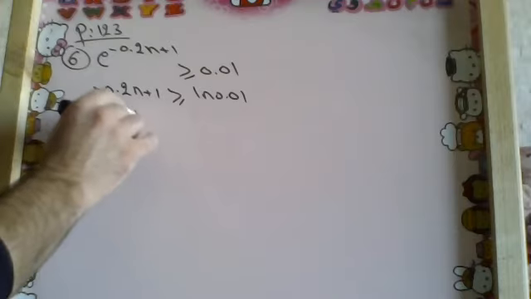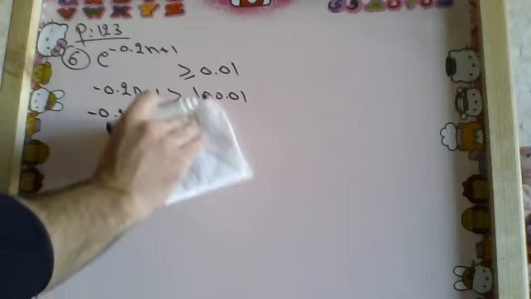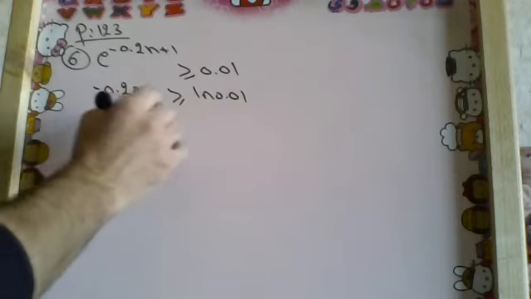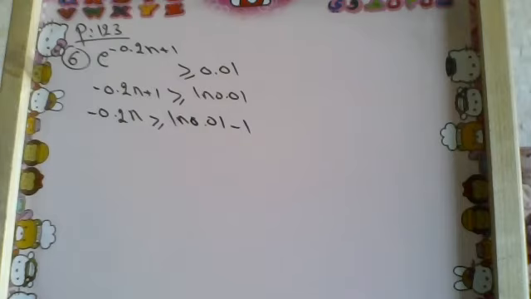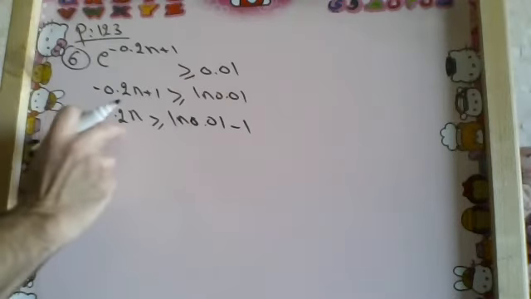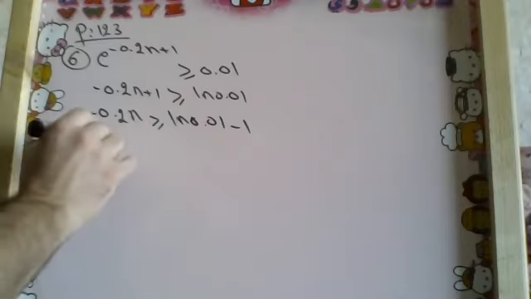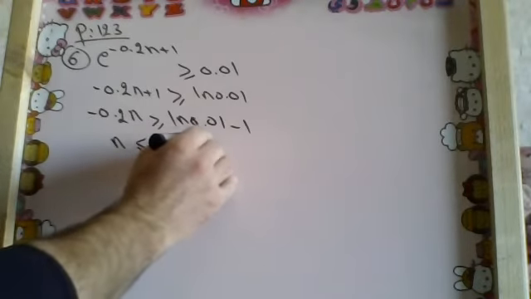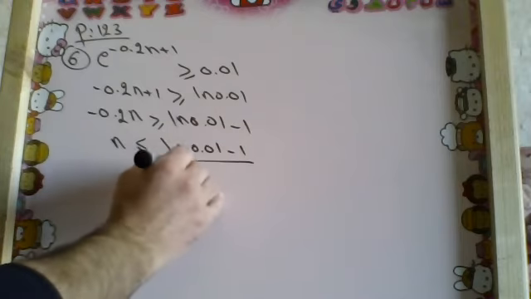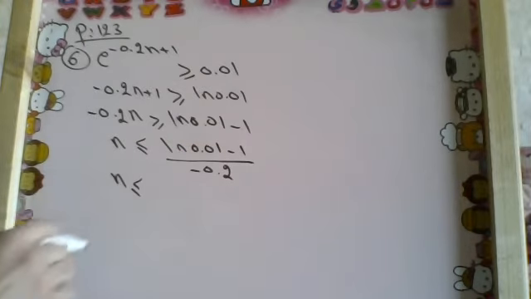Negative 0.2n is greater than or equal to ln 0.01 minus 1. Now we divide by negative 0.2. When you divide by a negative, you change the inequality. Then n is smaller than or equal to ln 0.01 minus 1 over negative 0.2.